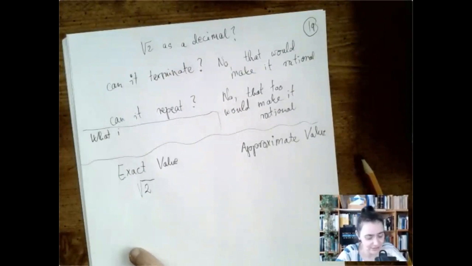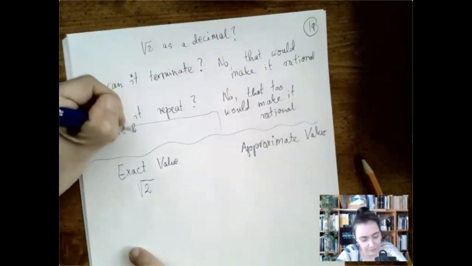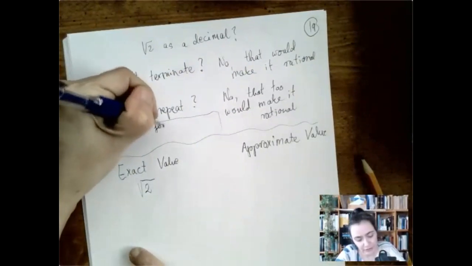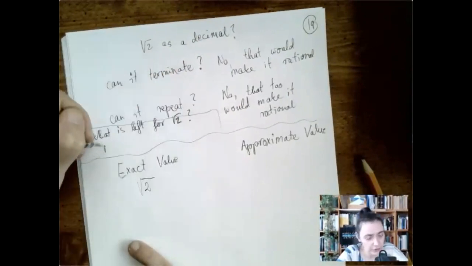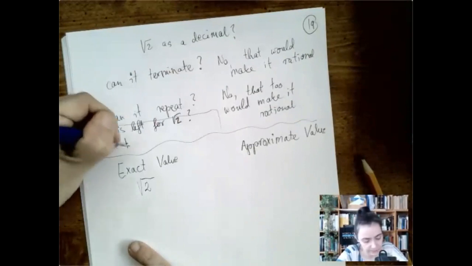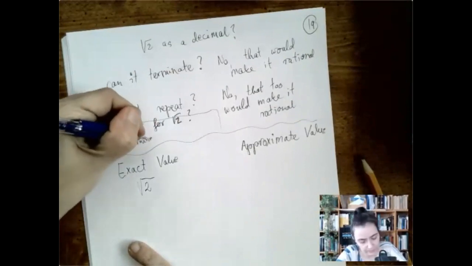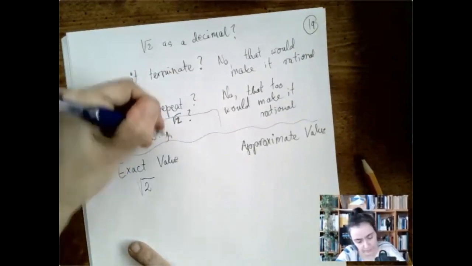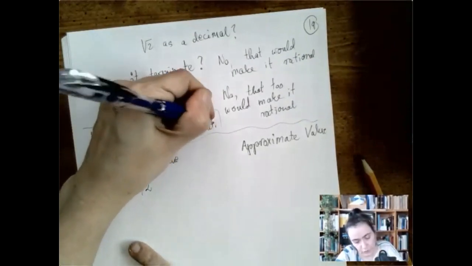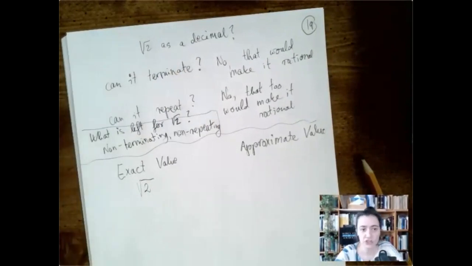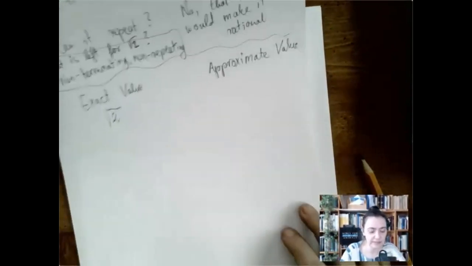Square root of 2 is not rational. So what is left? Basically, terrible. It's non-terminating, non-repeating. You can have all kinds of other patterns, just not infinitely many repeating blocks.